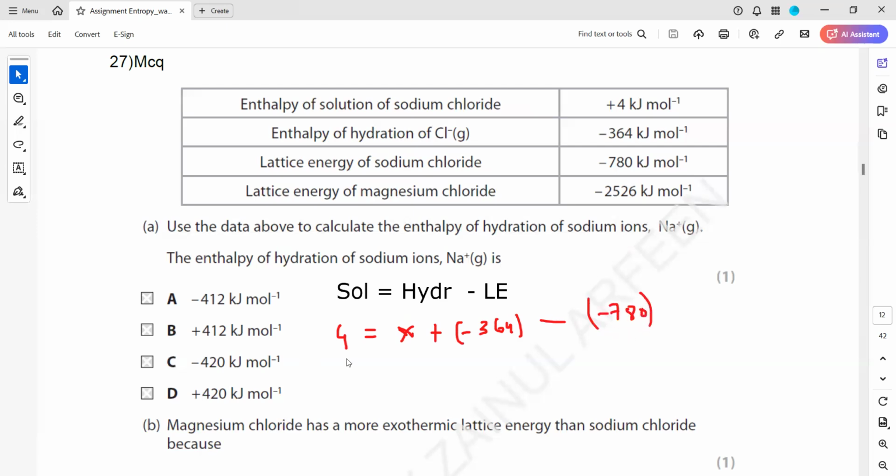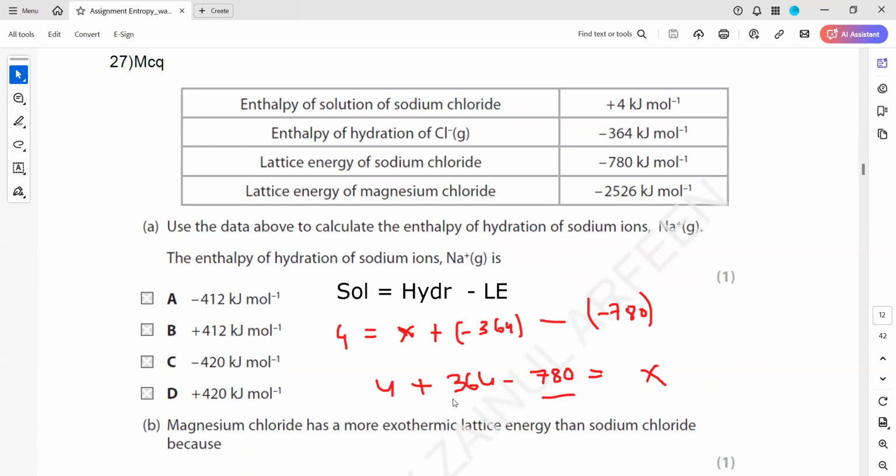Just simplify. 4 will be 4 plus, because this is minus, on the other side it will become plus 364. Minus minus is plus, on the other side it will become minus 780. That will be X. So what's the answer? 420, how should it be?